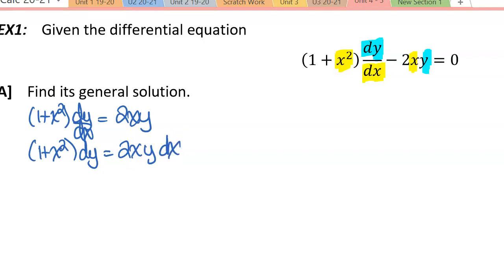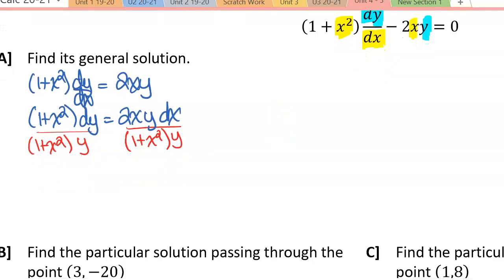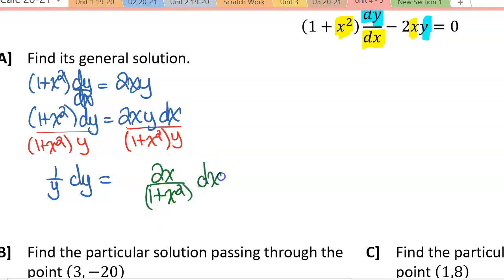And now I'm going to divide both sides by, I want to get rid of that y, and I need to get rid of that 1 plus x squared. So I can multiply it all out, but it's easier if I just take the 1 plus the x squared together. So that will give us, on the left, 1 over y dy, and then I have 2x over 1 plus x squared dx.